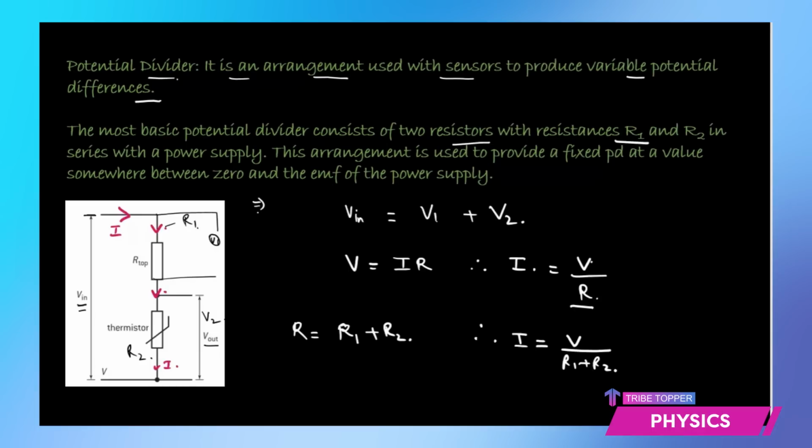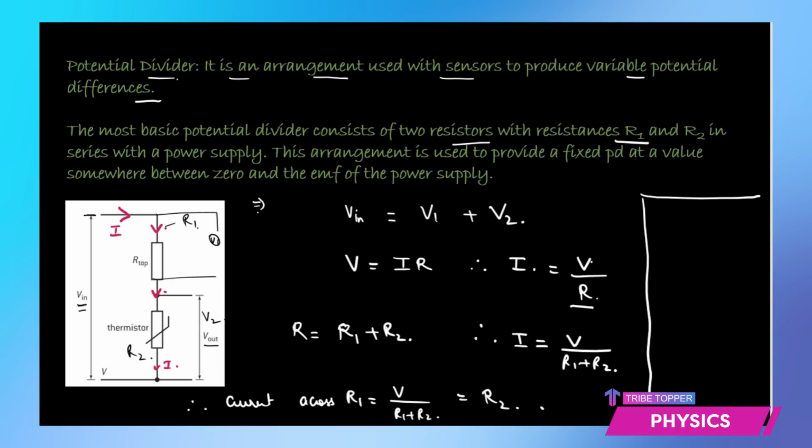So what will be the current across each resistor? The current across the first resistor R1 will be equal to V by R, so that's going to be I is V by R1 plus R2, and the same current flows across R2 as well. So what is the potential difference that exists across R1 and R2?